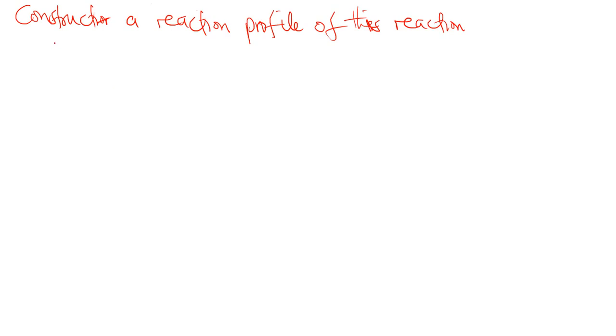So we have step 1. Step 1 had NO2Cl gas with K1 to give NO2, also gas, plus Cl. So we say this is a slow step.